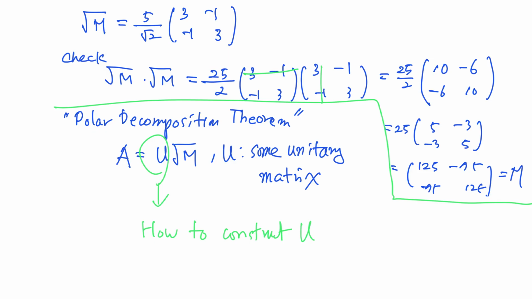The square root of m is 5 over square root of 2. Try to construct U in the following way.